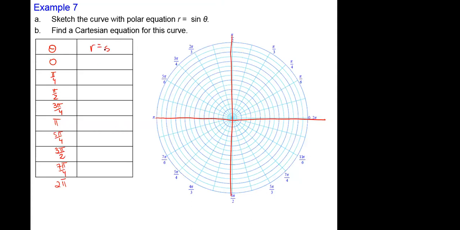And the radius is just defined by the sine values. 0, square root of 2 over 2, 1, square root of 2 over 2. And we can see, I will have 0, and then I will go to the square root of 2 over 2, and then 1. This is 1. Okay, something like that. And then again, come back to square root of 2 over 2, and come back to 0. It should be a nice circle.